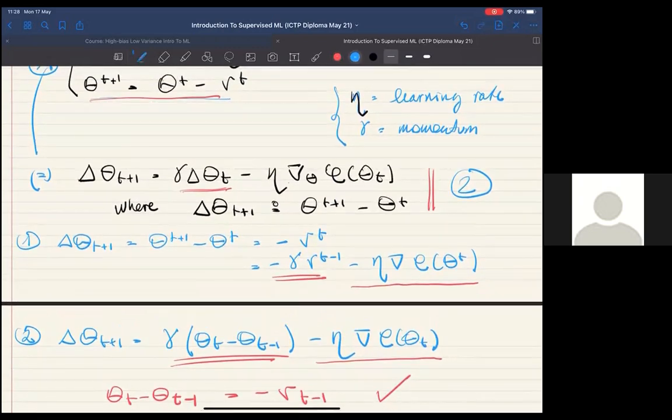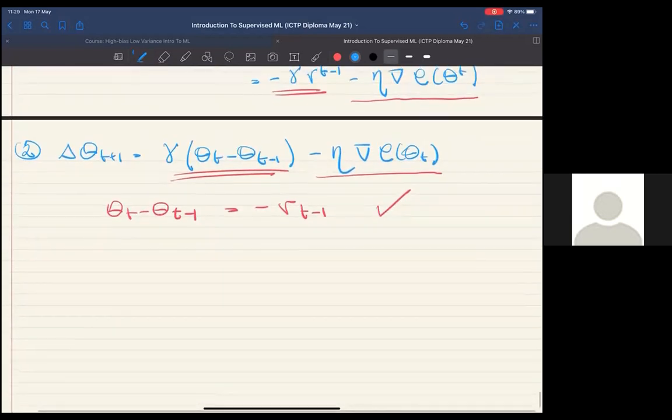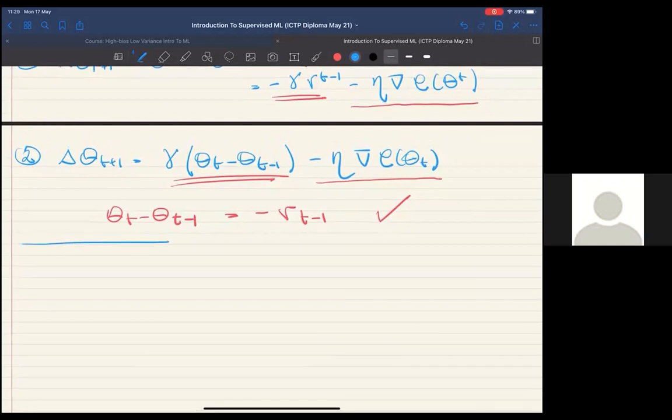All right. So we look at this second dynamics, which is now written in terms of the increments of the parameter values instead of the actual values of the parameters. And let's see how to connect that to physics. So, parenthesis, some physics.